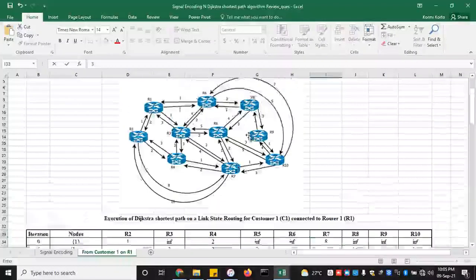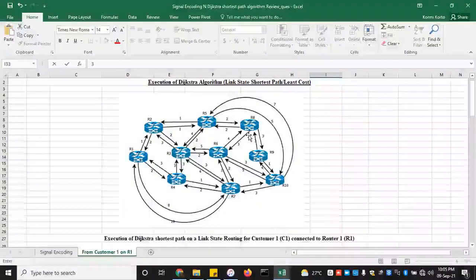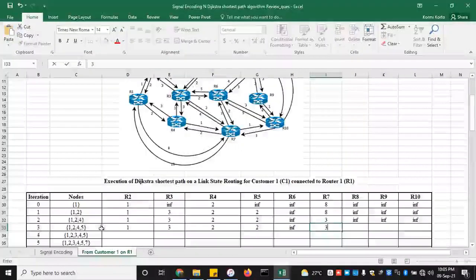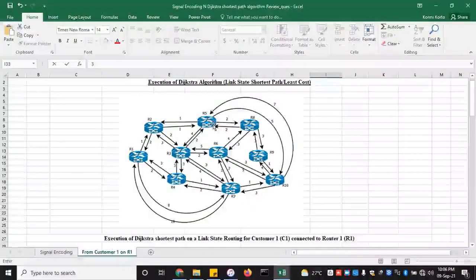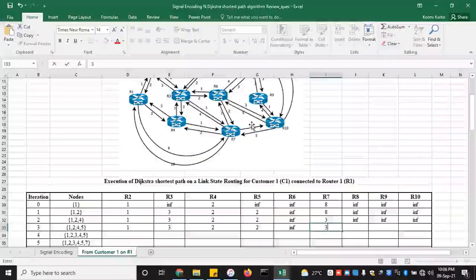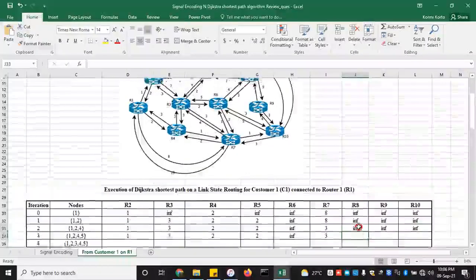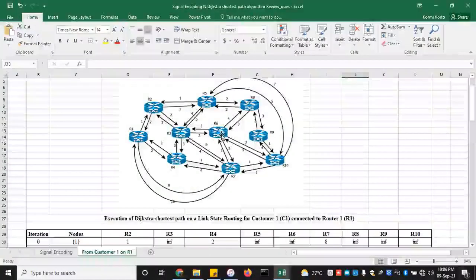8, now look at it. We had 5, right? We had 1, 2, 4, and 5. 8 is directly connected to 5. So now we're actually going to have a least cost for 8. It wouldn't be infinite anymore as it used to. Now let's try to figure out what would be the least cost to get to 8 from R1.